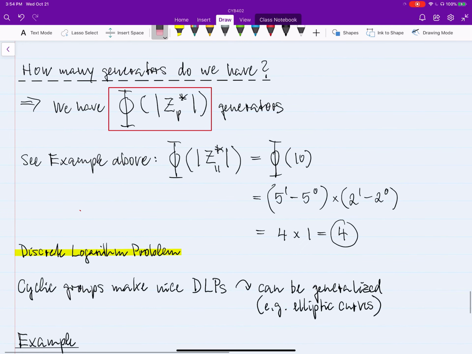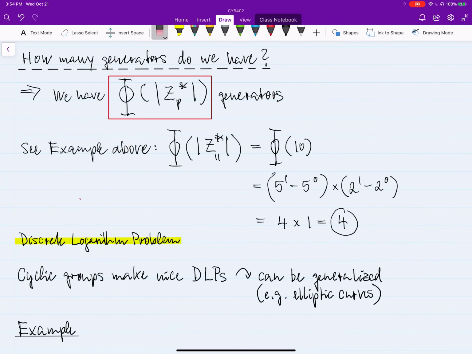So an interesting other question that we are not going to prove here is how many generators do we have? Actually, it's here where Euler's function comes into play again. The Euler function of the order of the group gives that many generators. So let's look into an example.